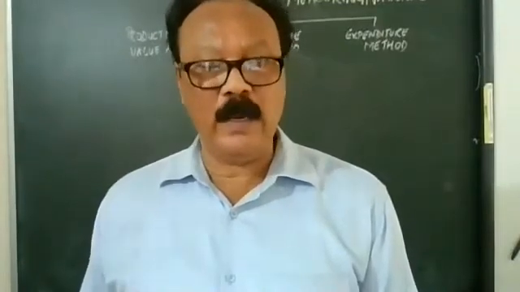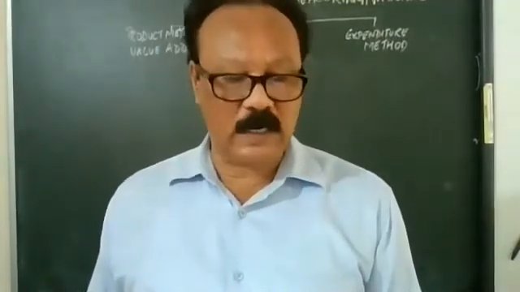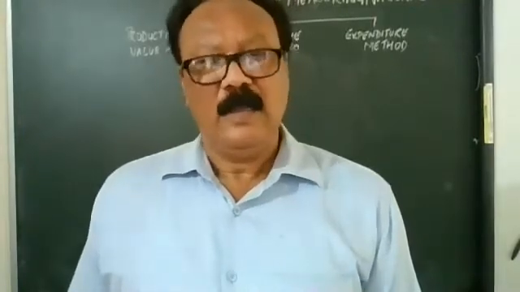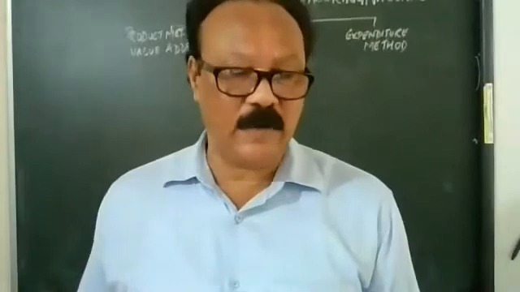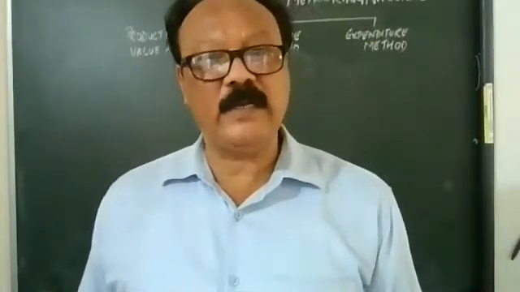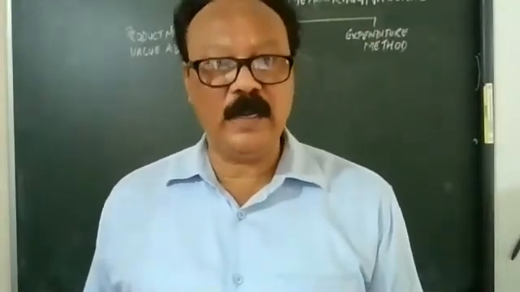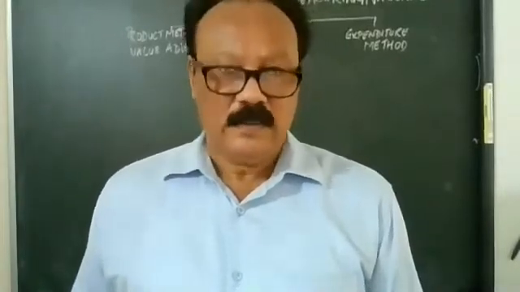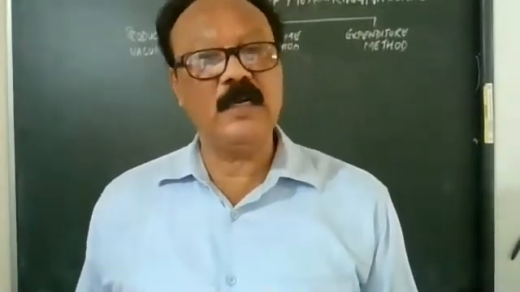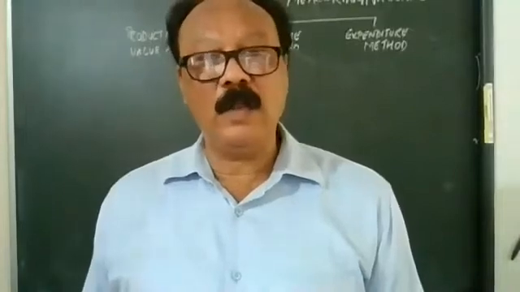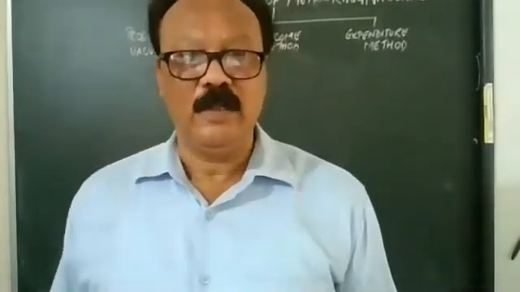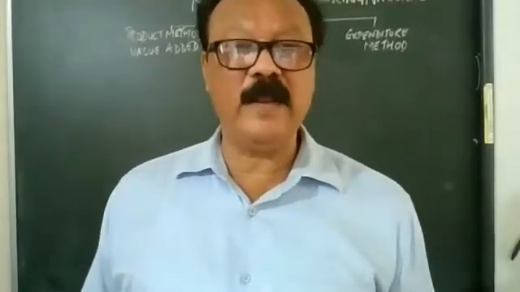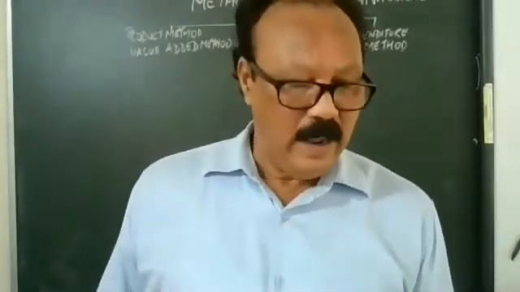And you know very well, we have already discussed what falls under the primary sector. Activities like agriculture, fishing, mining, etc. What falls in the secondary sector? All manufacturing industries fall in the secondary sector. What falls under the tertiary sector? All the services fall under the tertiary sector. So first of all, we will identify the sectors and then we will estimate.